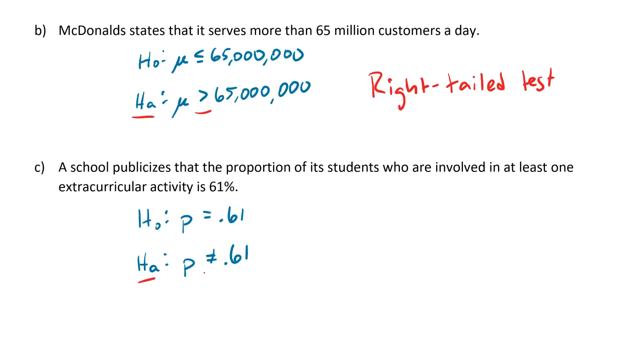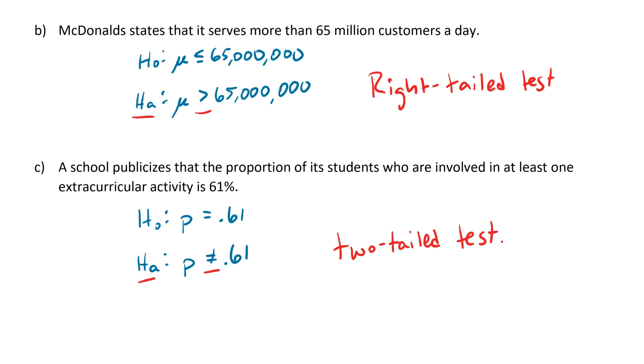And then part C, we see that it's not equal to for the alternative hypothesis. So that means it's going to be a two-tailed test. And that's all there is to these, where it's just asking you what kind of test it's going to be. Whenever we get to the next set of notes, though, that is going to be just a step in actually doing this whole process.